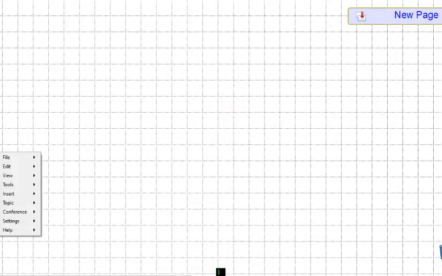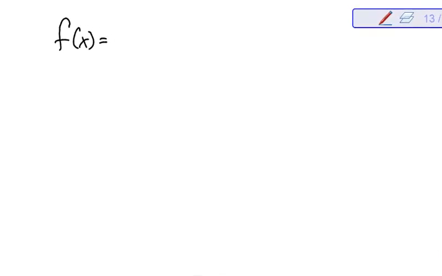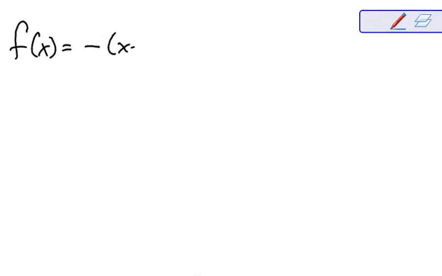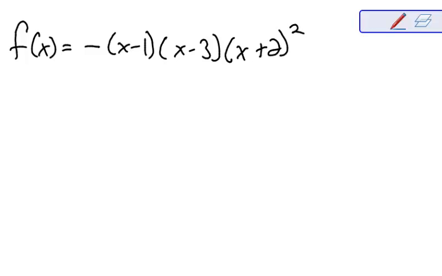Okay, let's look at another example. And this time we are going to have f(x) = -(x - 1)(x - 3)(x + 2)^2. The degree of this polynomial, remember these have an understood 1, so it's 2 plus 1 plus 1, so that's going to be a degree of 4.